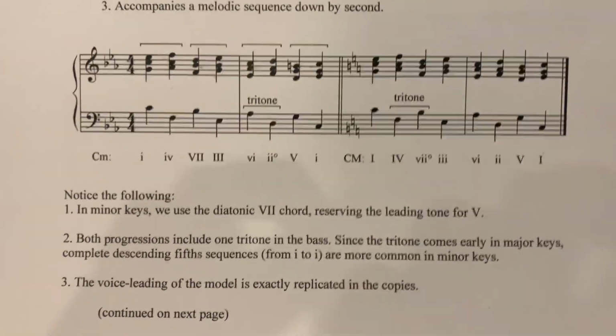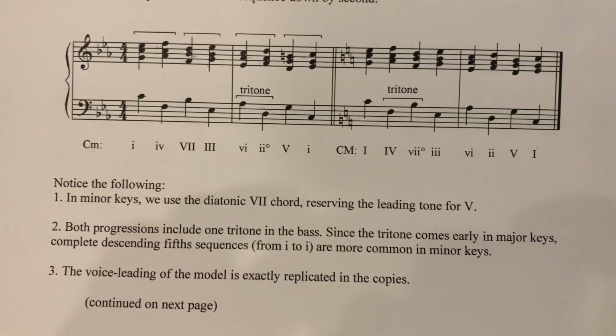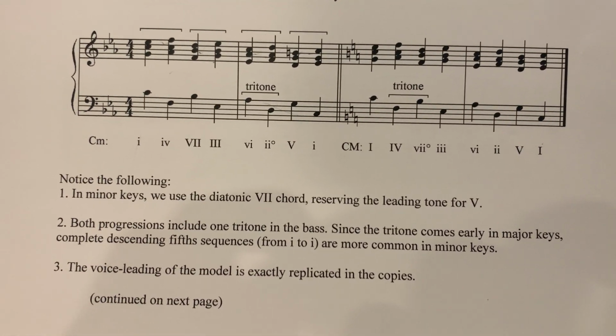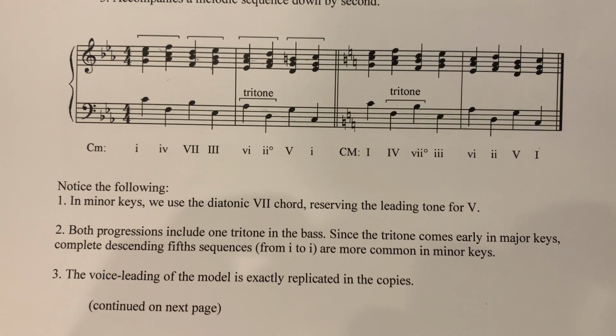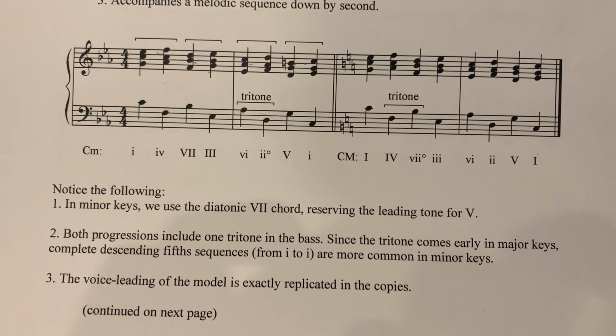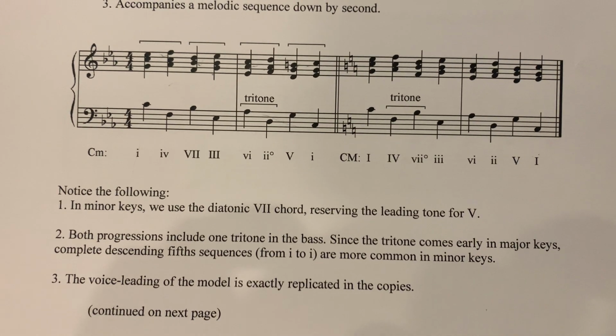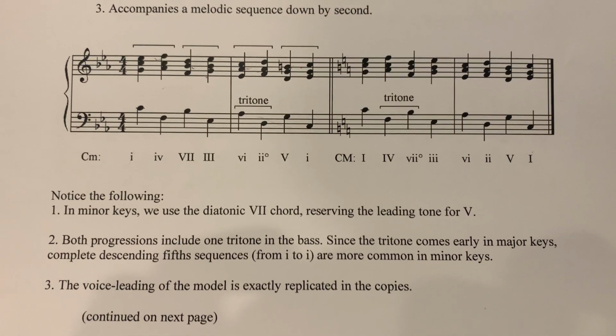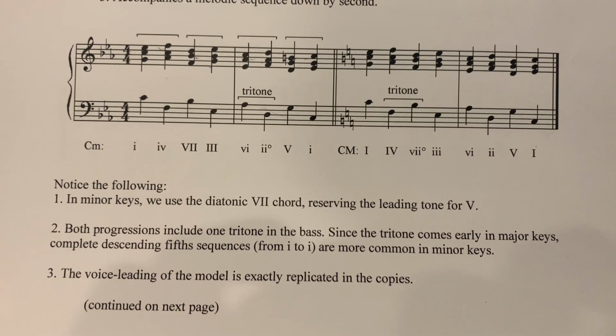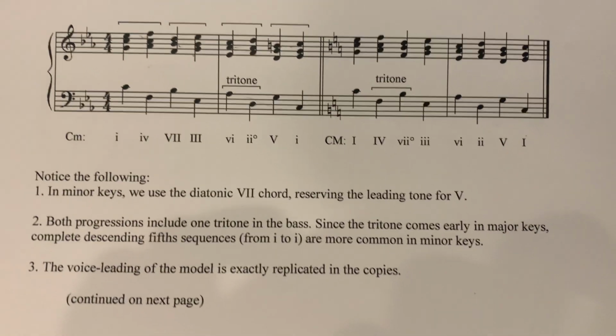In the minor key, it happens late, so you're already used to the pattern, and it doesn't really affect you too much. And then notice three, that the voice leading of the model will be exactly replicated in the copies. Now, you won't need to do any voice leading for this, but that's going to be true for how this works. All right, let me play you these two examples. First off, in a minor key.